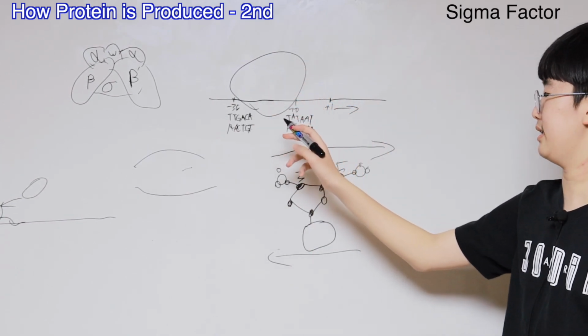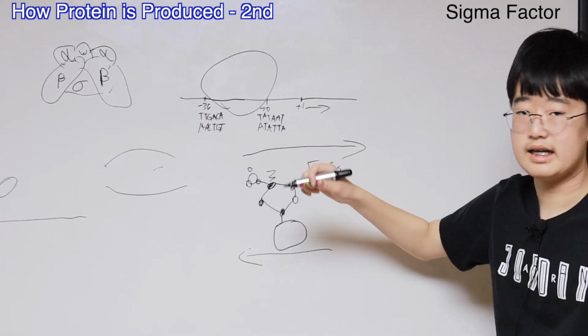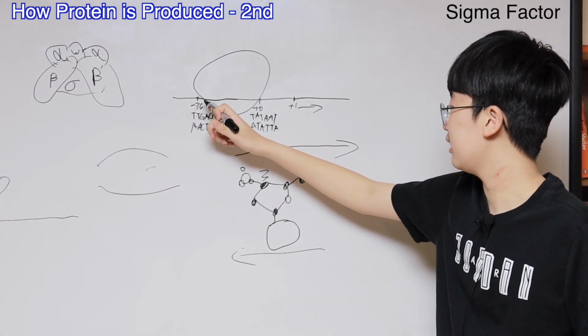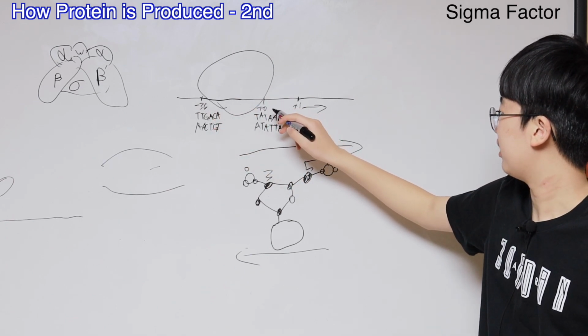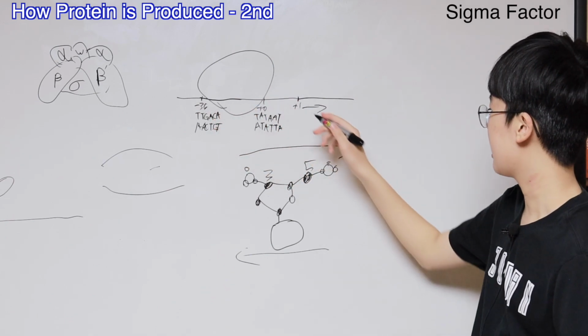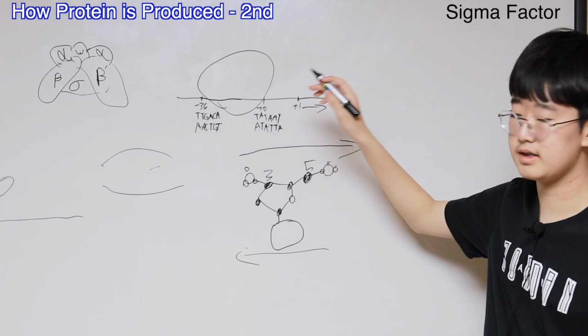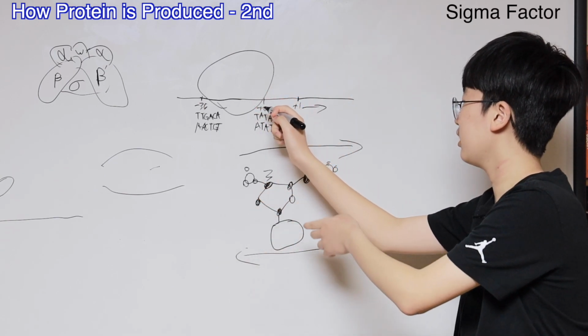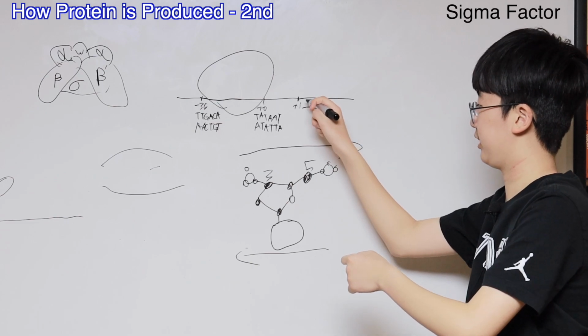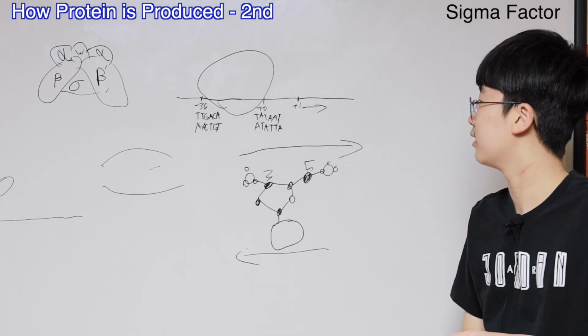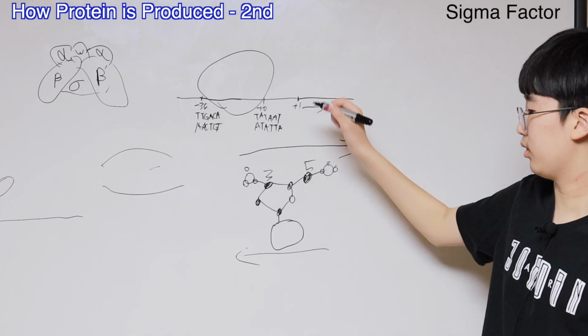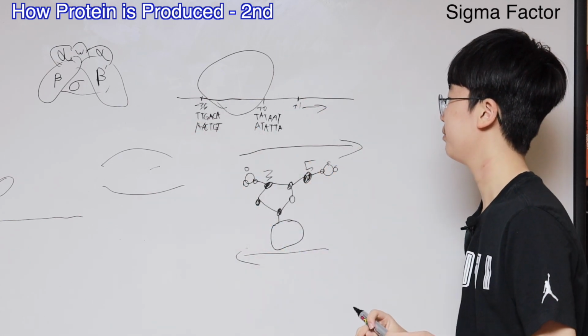It needs to be in this kind of setup, right on the -35 end and the -10 end, and if it sits right there, it can start transcribing at the +1 end. Maybe it needs to be a little bit bigger, so it can touch the +1 end and start transcribing.